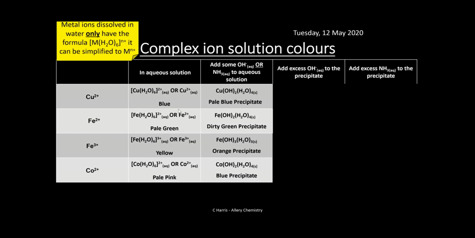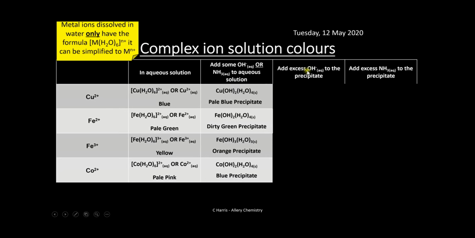Again, the same reason. Notice the shape of these, and how many OH minus ions are actually on here. With Cu2+, we've got two OH. With Fe3+, we've actually got 3 of them, as you can see, because we've got a 3+ charge.